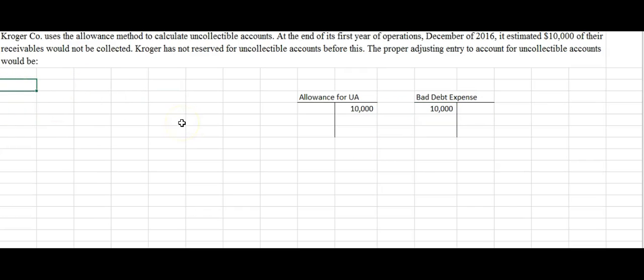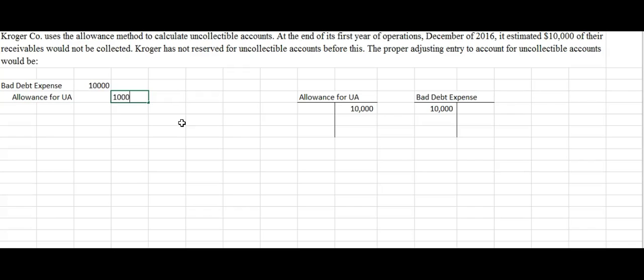You're going to record bad debt expense here. That comes on the debit side, right? Because expenses have a debit balance. And you're going to create your little reserve called allowance for uncollectible accounts, okay? Or allowance for bad debt.